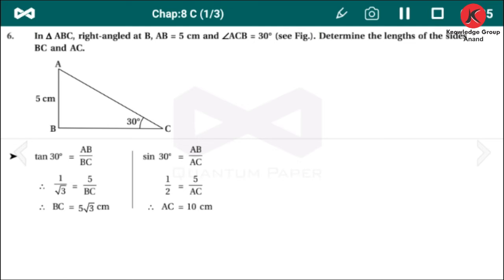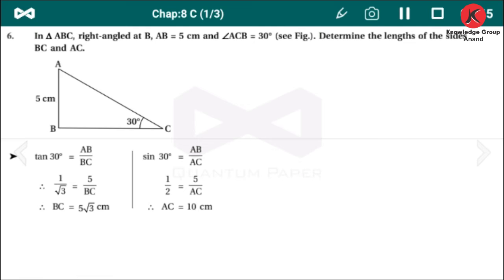In this question, one side measure and one angle are given. We know that it is a right angle, therefore one angle is equal to 90. Then we find the two sides, BC and AC.